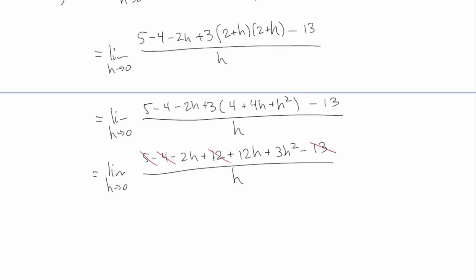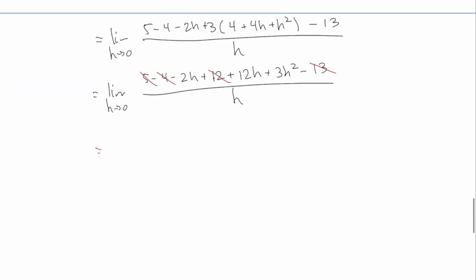And then the rest of it you can add up. 3h squared is just going to stay like it is. I also have minus 2h and a plus 12h. They add up to plus 10h. So I got the limit as h goes to 0 of 10h plus 3h squared over h. And now we do the usual thing at the end, which is factor the h on top and then cancel it.